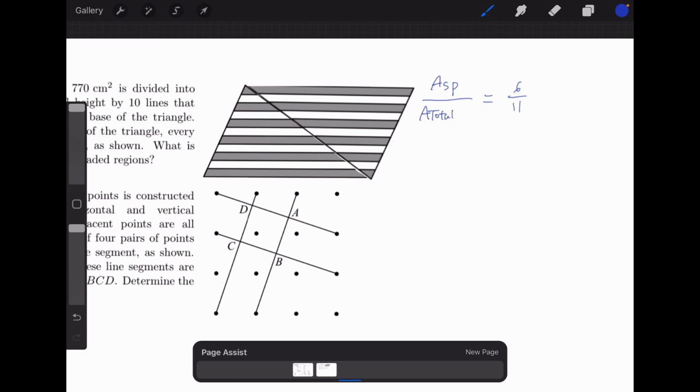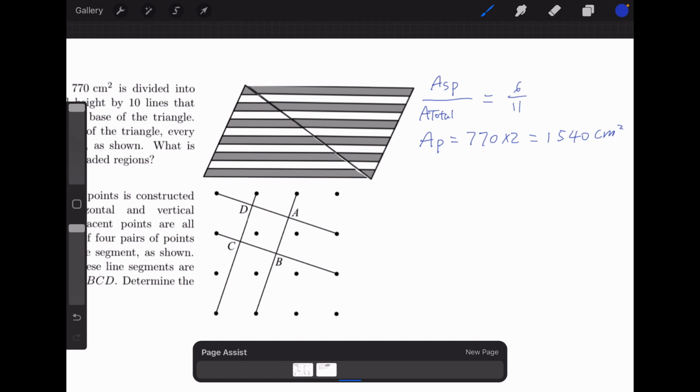Because this parallelogram is made of 2 triangles, and each triangle has an area of 770, the area of the parallelogram is 770 times 2, which is 1540 centimeters squared.